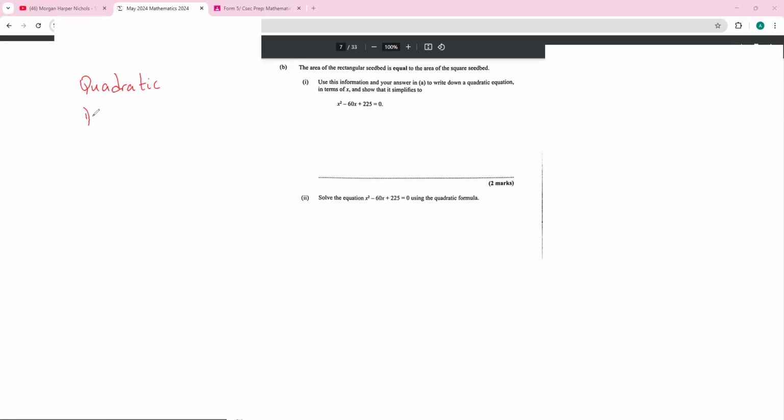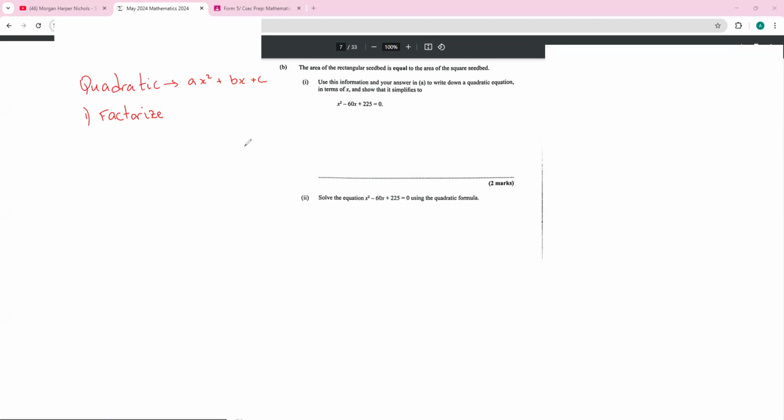The first way is that you could factorize it and then solve it, which is what we were doing. Remember, a quadratic is in the form of ax squared plus bx plus c.